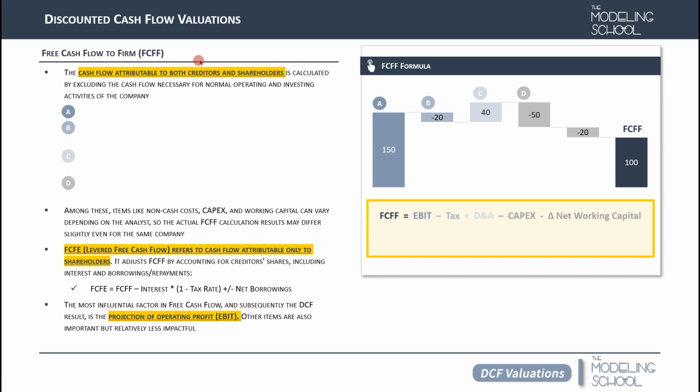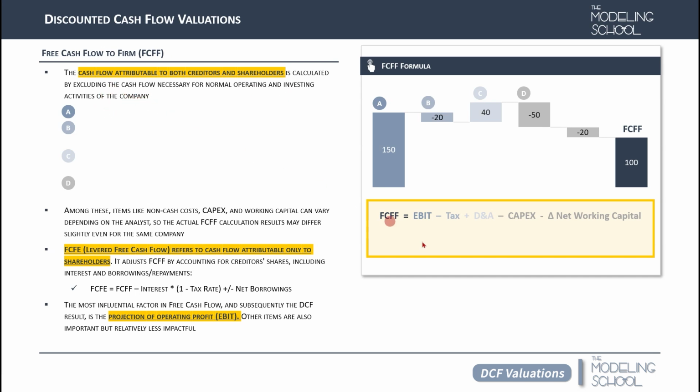The definition of free cash flow is the cash flow that remains after covering all necessary costs for the company and what is left to distribute to the creditors and the shareholders. So it excludes every necessary cash flow for normal operating and investing activities of the company.